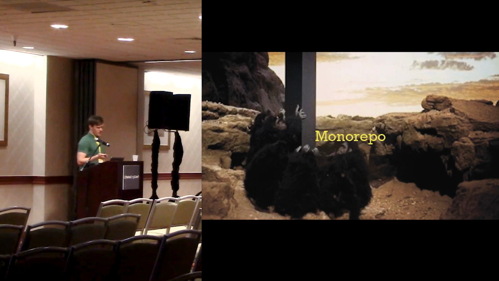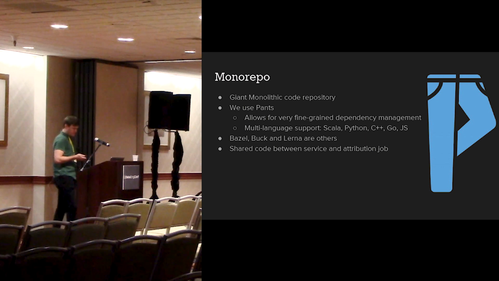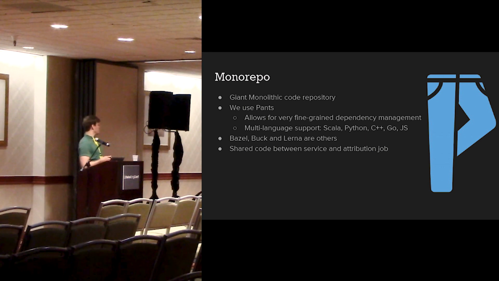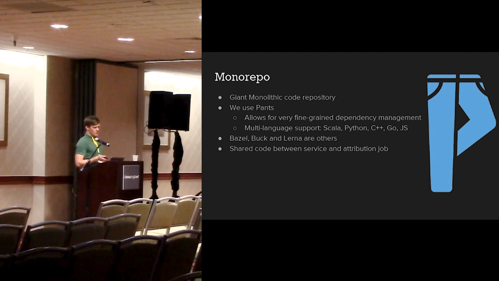Another thing we use is the monorepo principle. The whole idea behind that is having one giant monolithic code repository. It sounds like a terrible idea at first, but once you start, there are a lot of advantages to it. We use a tool called Pants, one of these build tools specifically designed for managing monorepos.